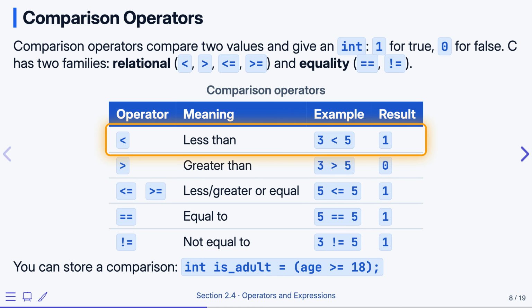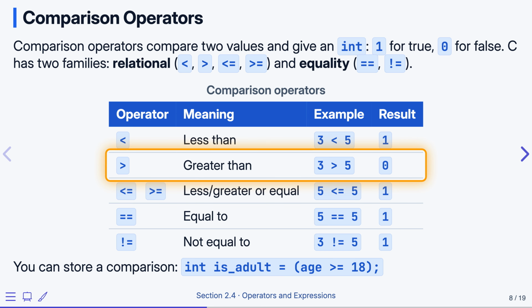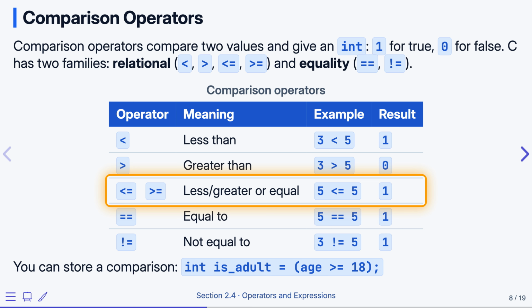Less than, this is a relational operator. 3 less than 5 is true, so it gives 1. Greater than, also relational. 3 greater than 5 is false, so it gives 0. Less than or equal, and greater than or equal, round out the relational family.